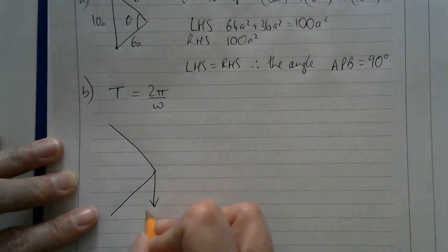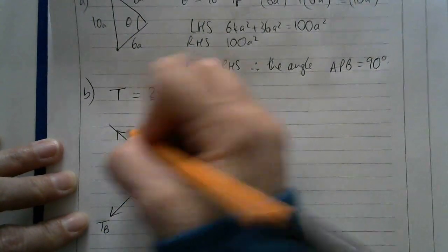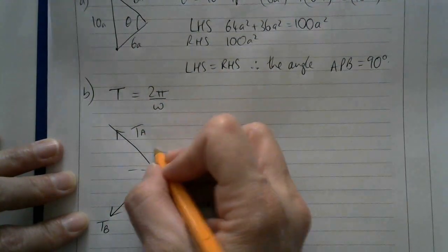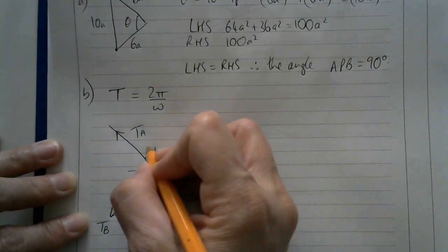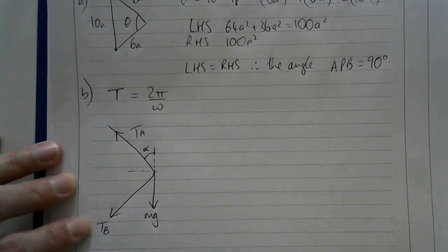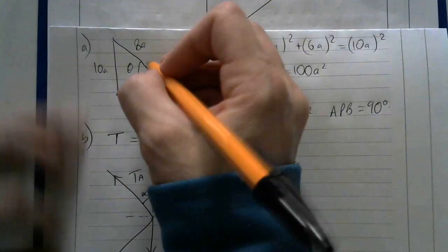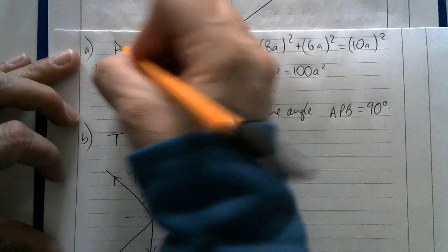So I've got the weight, mg, I've got this tension, which I'll call TB, I've got this tension, which I'll call TA, and let's just pop in some dotted lines here. Let's call this angle alpha, and I can use this triangle here to work out what alpha is. So alpha would be here, and so using alternate angles, this angle is alpha.